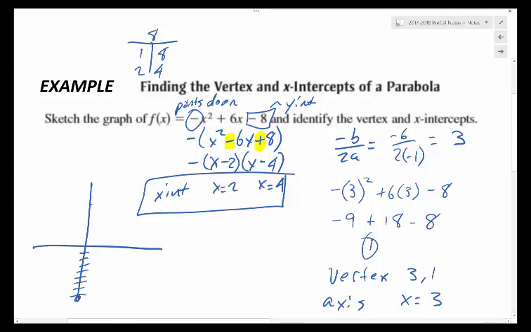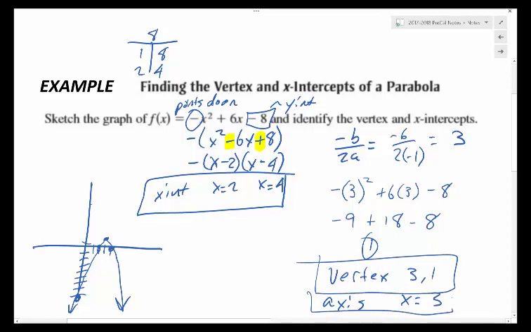My x-intercepts are at 2 and 4. And it told me I have a vertex of 3, 1. Well, now I've got a couple of points that makes it kind of easy to sketch. And there's my graph.